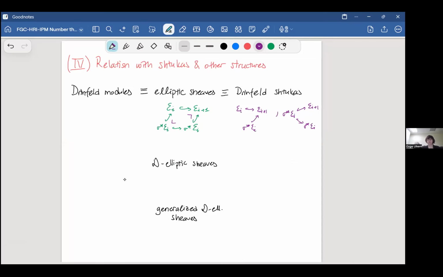A diagram of vector bundles, modifications around infinities. And if you just look at one triangle in this diagram, you have a shtuka. Since there are many shtukas now, we call them Drinfeld shtukas.